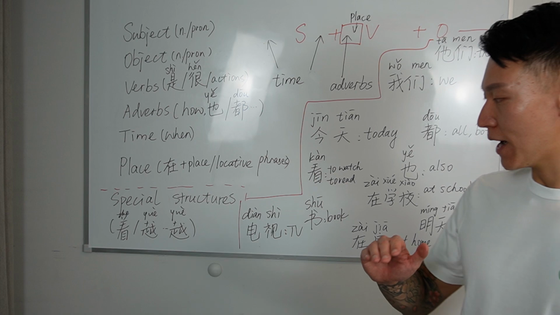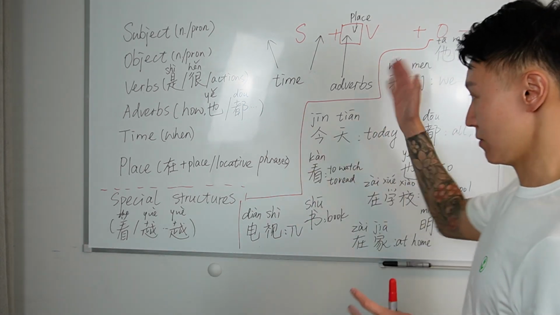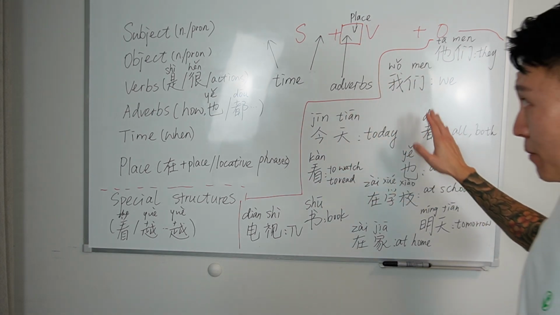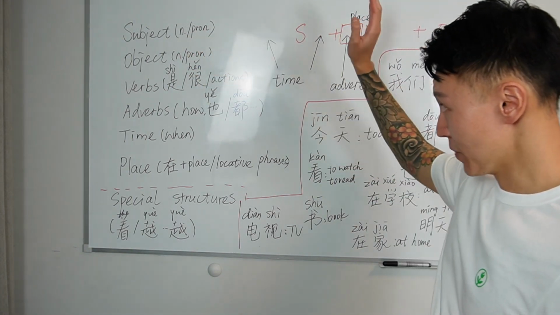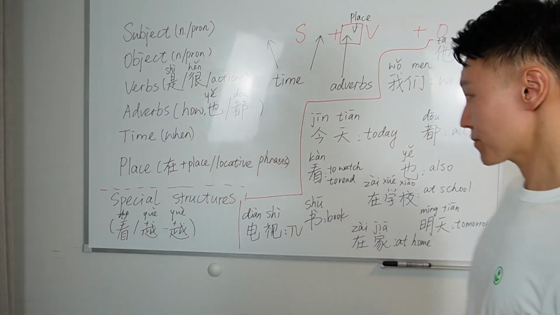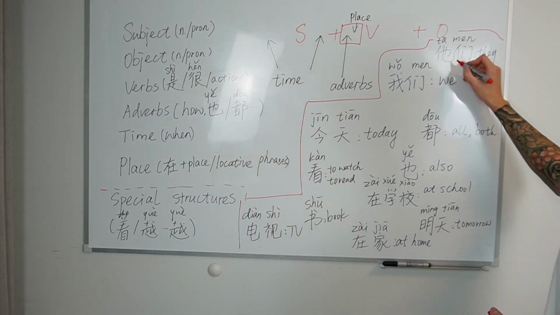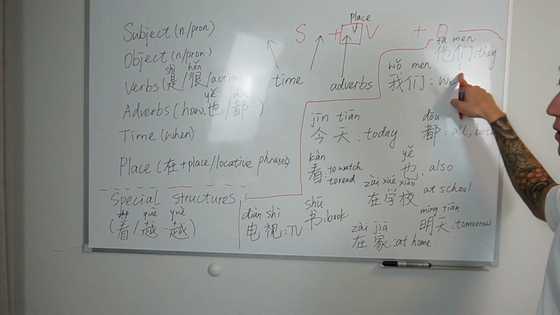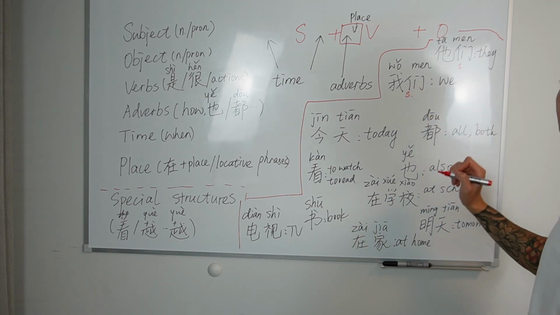So now we have to segregate those words. Let's find which word belongs to subject, object, verbs, adverbs, time, and place. So here we can see 他们 they could be subject, so I will just write an S here. 我们 could also be a subject.